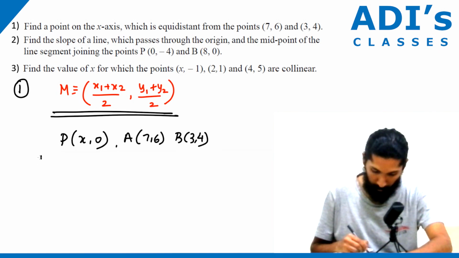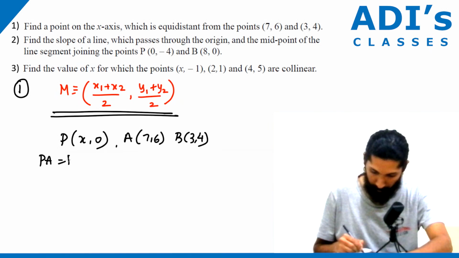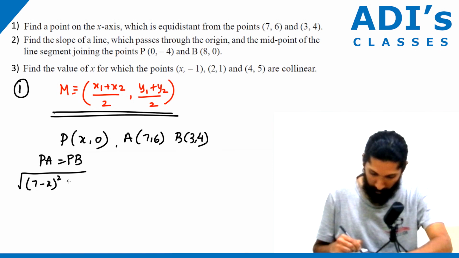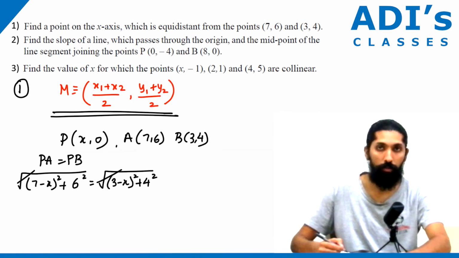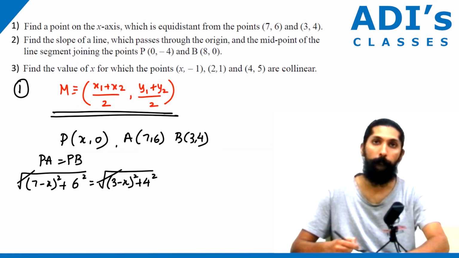Now PA is equal to PB: root of (7 minus x) whole square plus 6 square is equal to root of (3 minus x) whole square plus 4 square. Squaring on both sides, the root will get cancelled.